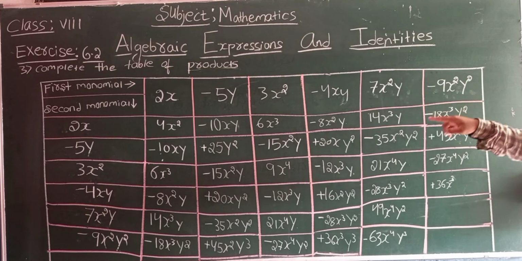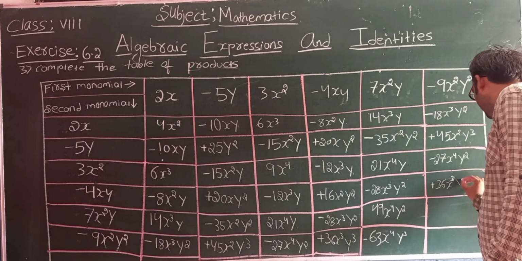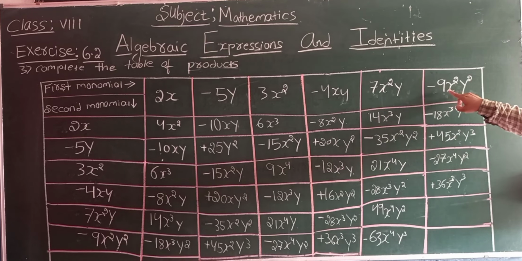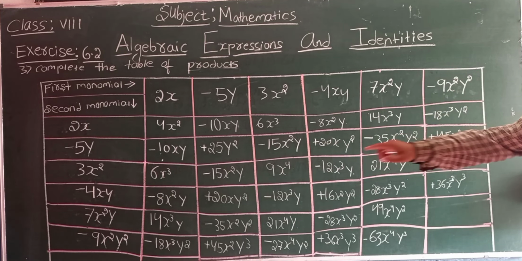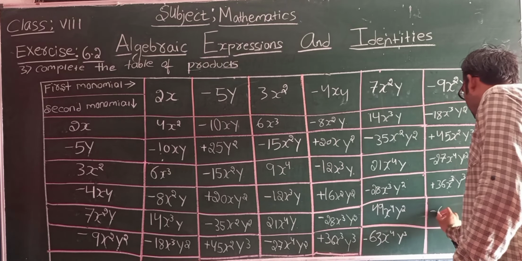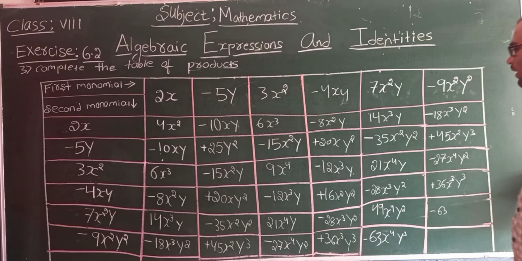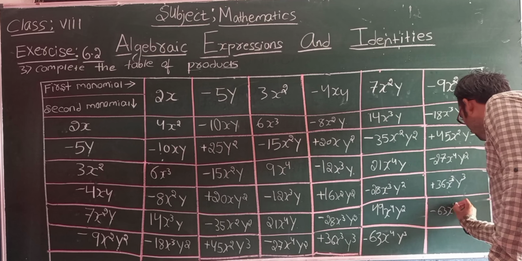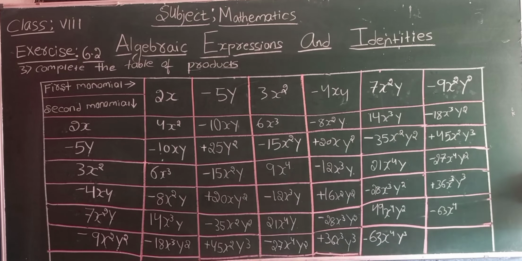Y square into y will be y to the power 3. Now this one with 7x square y square. So minus into plus will be minus, 7 9s are 63. X square into x square will be x to the power 4. Y square into y will be y cube.